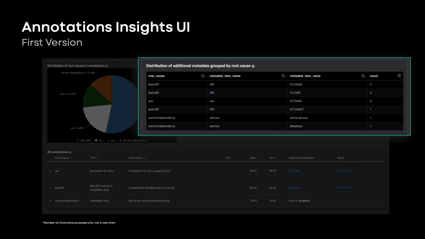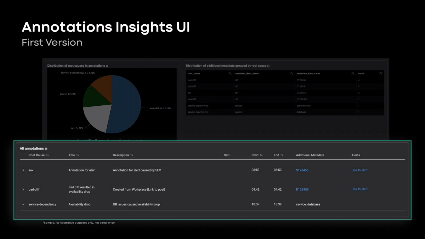Or in this chart, you could see if there was a specific issue in the scope of all root causes which was causing the most problems. In that case, that was, for example, a code change. There is also a way to see the list of all annotations that happened in a specified time period. This enables people to easily see the details of the individual annotations and edit or delete them.